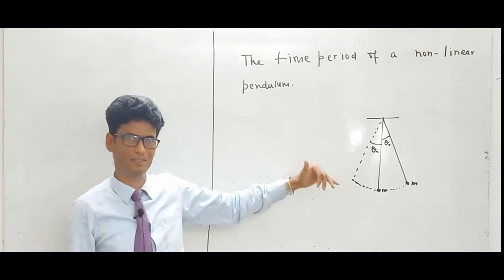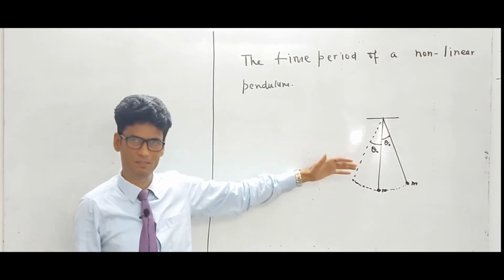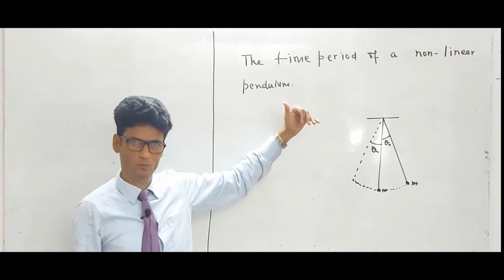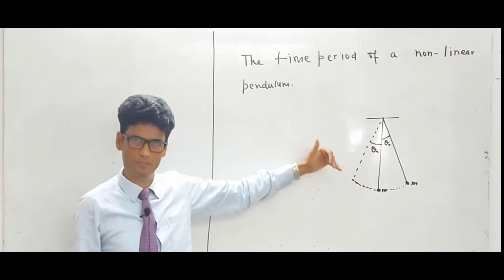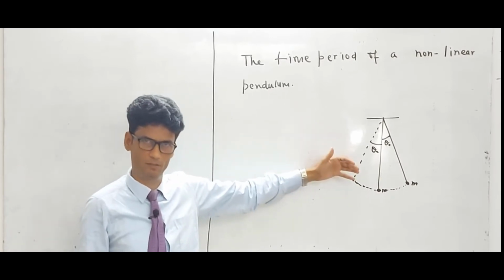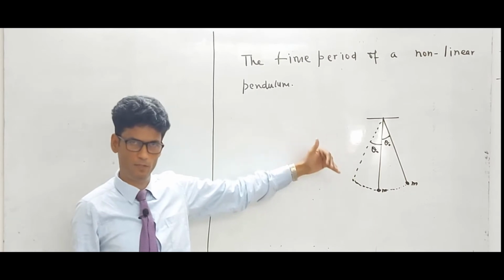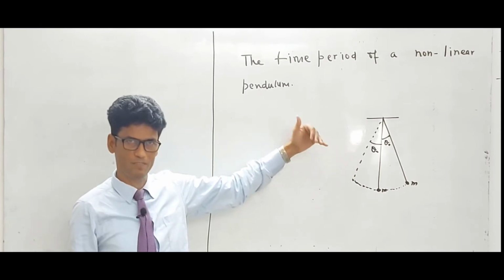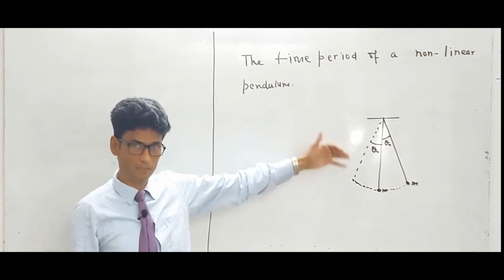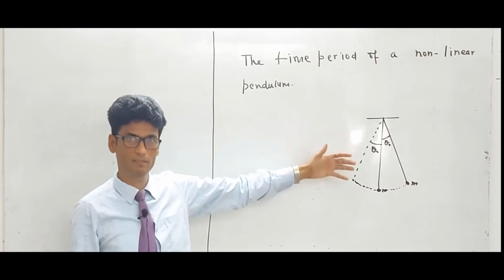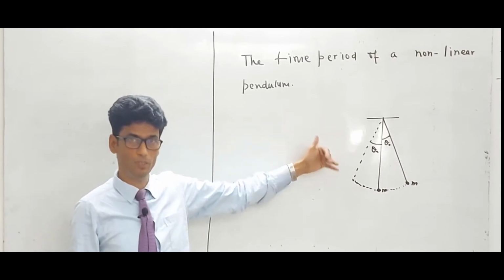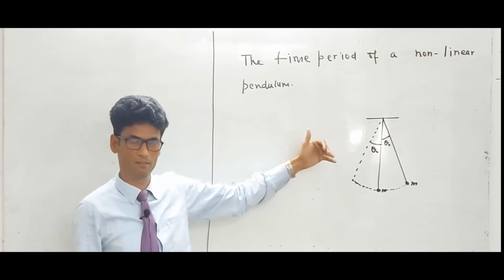However, in a realistic situation, it will stop after a certain time interval. But as we know, once we do a scientific experiment, we have to do it under certain assumptions.